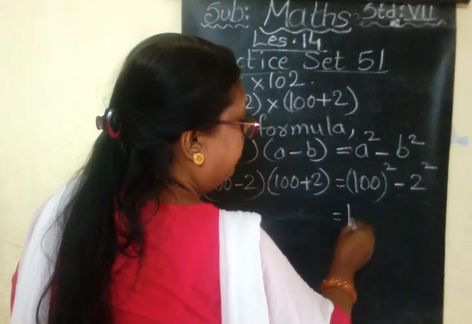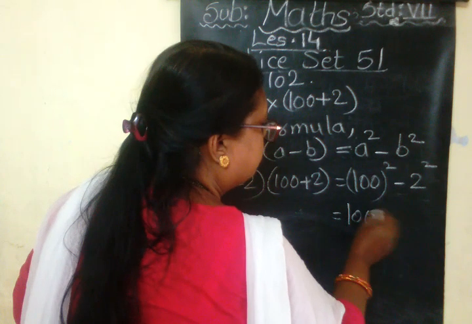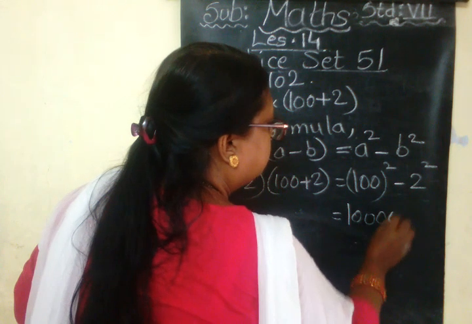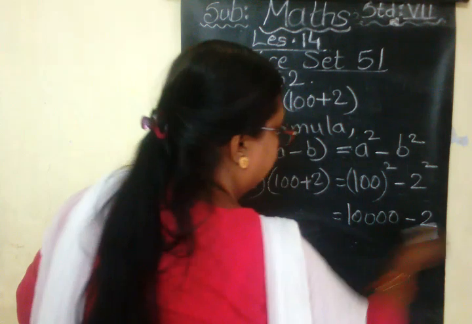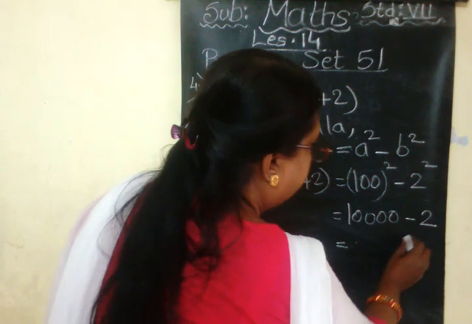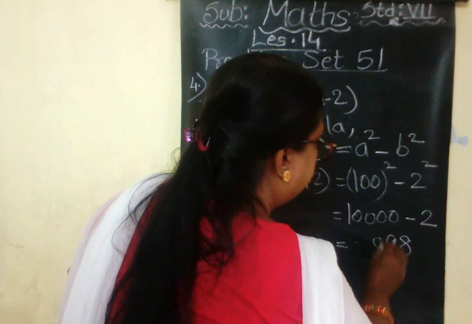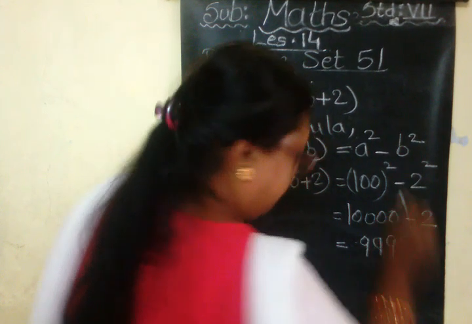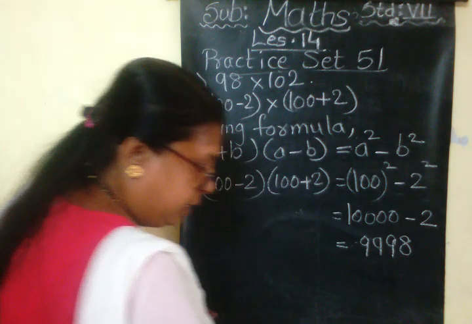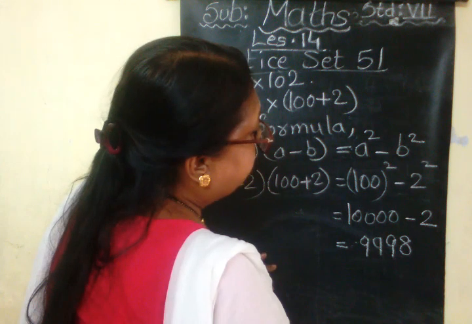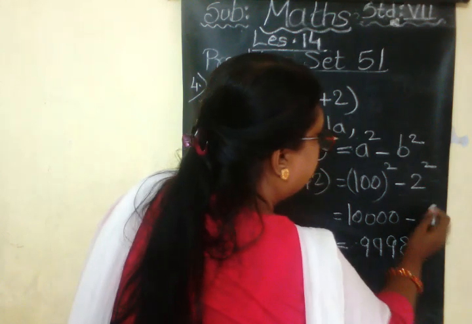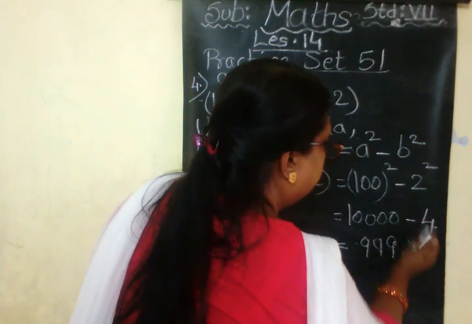So 100 square is 1 and then 4 zeros, that is 10,000, minus 4. Sorry, 2 square is 4, children, so here it will be 6.